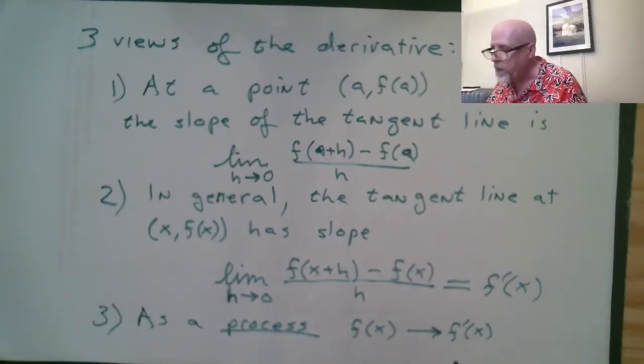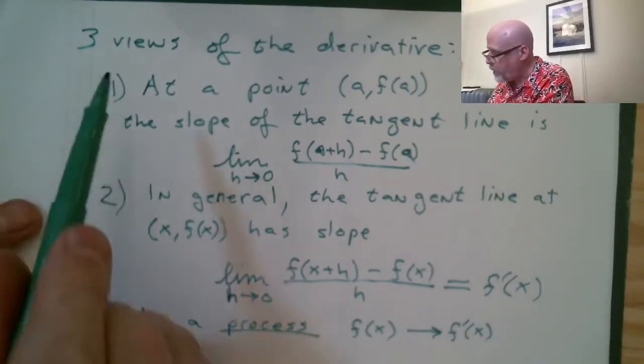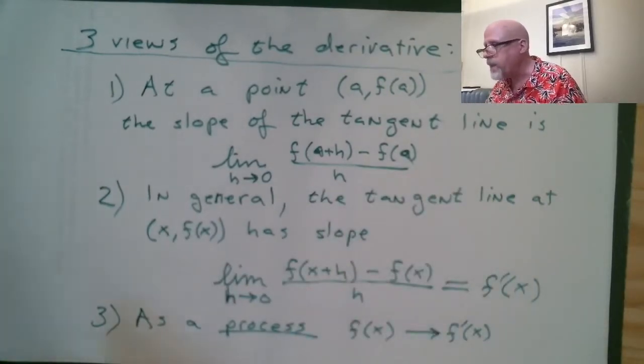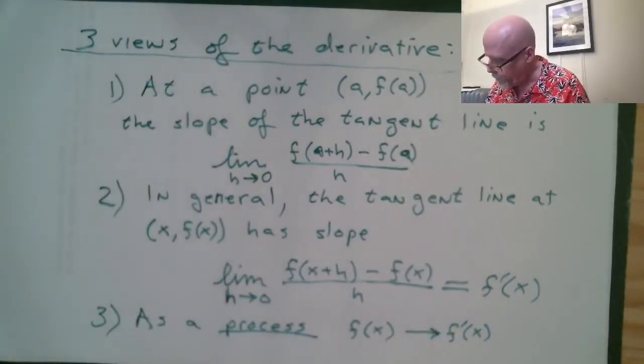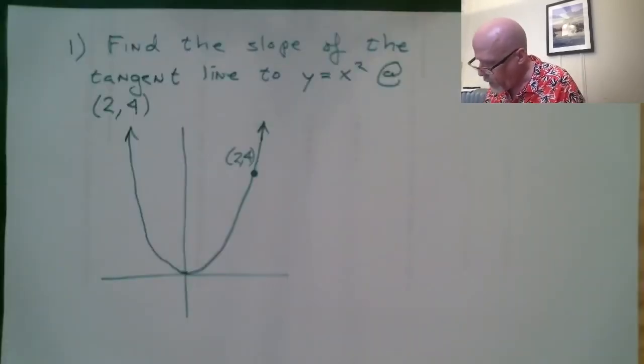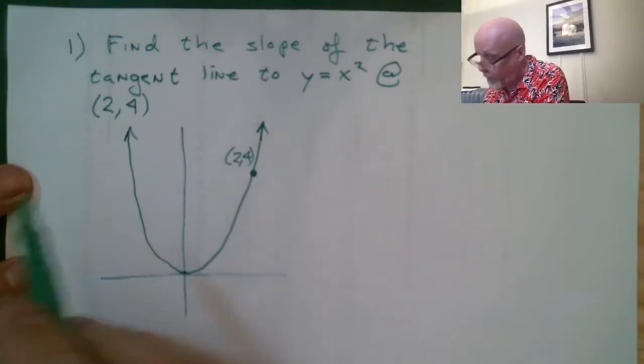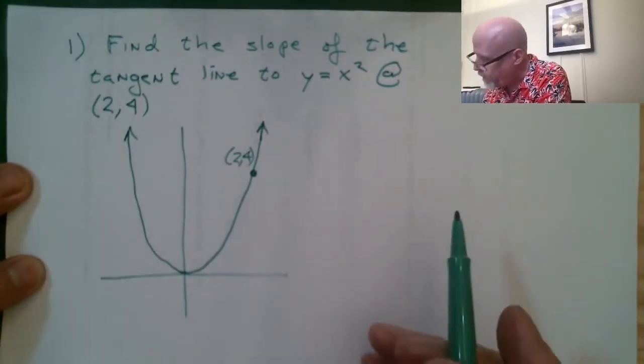So we're going to see some examples of it, and I want to lead you through all three views of the derivative in these examples. All right, well, our example of the first type of thing is we're going to find the slope of the tangent line, but remember, that is exactly what the derivative is.